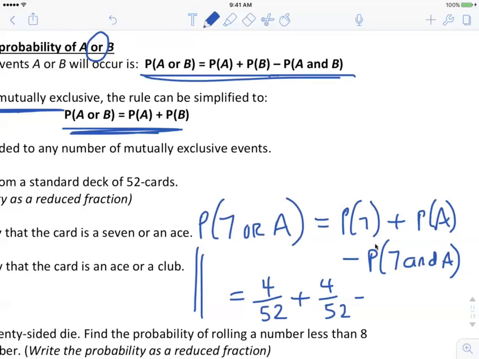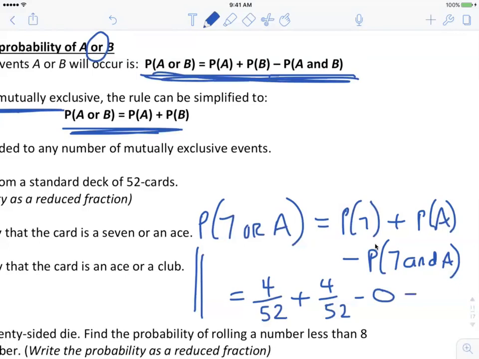There's no card, and you can look back at the graphic of the cards. There's no card that has a 7 and an ace on it, right? So that's subtracting 0. Essentially, then these events are mutually exclusive, and that subtraction piece is just 0, so the formula simplifies. But you could always just use that main one, and if they happen to be mutually exclusive, you'll know it because they'll have a 0 there.